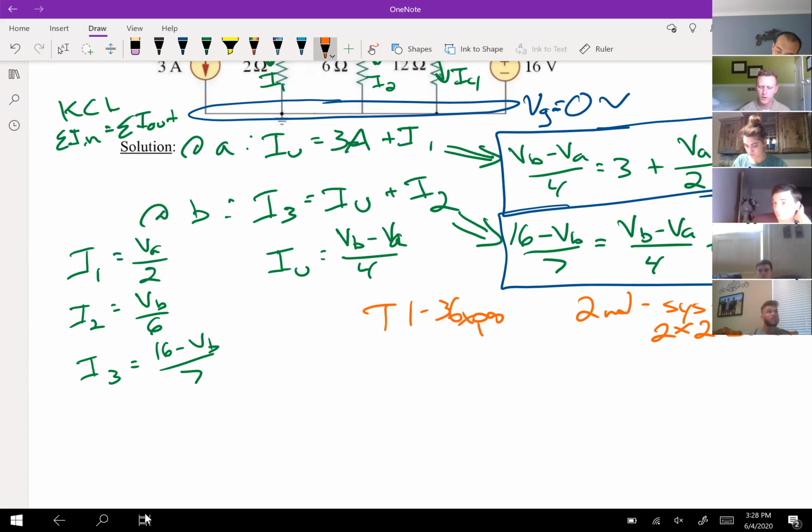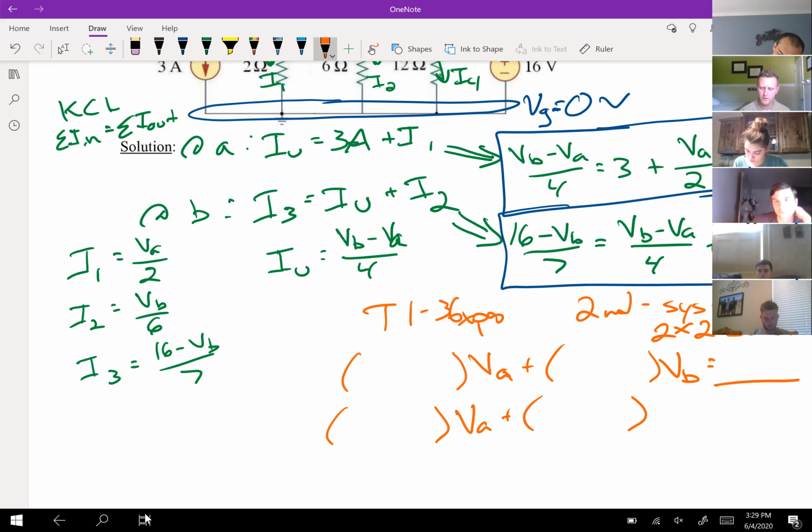But what you want to do is get everything for a term into parentheses like this. And then you have some constant on the end. And then I'll put the second equation, VA plus something VB equals some other constant. So if I'm taking this first equation and I'm looking for what is VA, I'll treat the left side as positive.